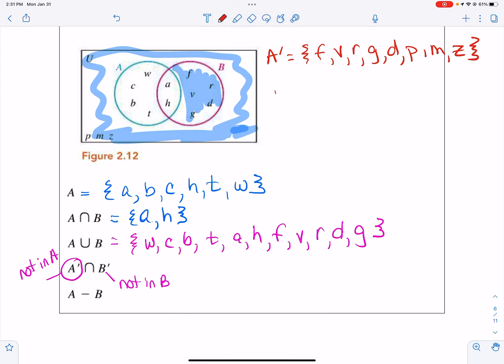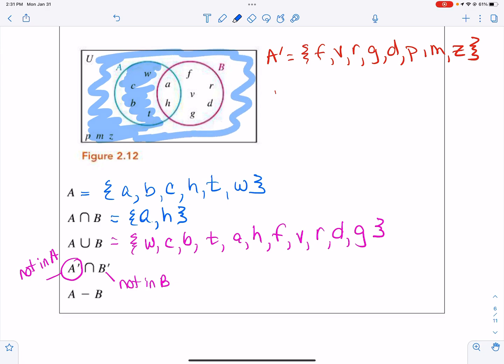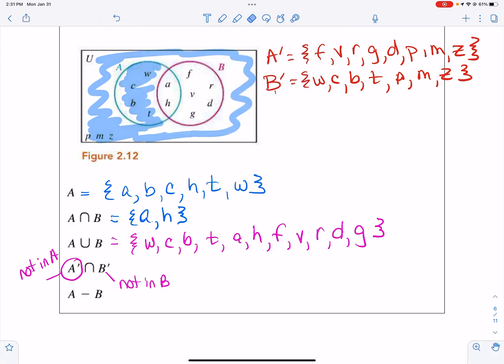Then I'm going to do the same thing for not in B. Everything here and in the box is not in B. So B complement is the set W, C, B, T, P, M, Z. And now I want the intersection of these two groups.